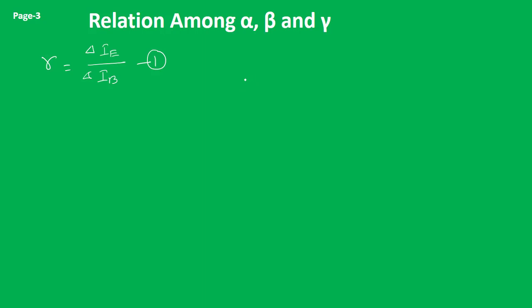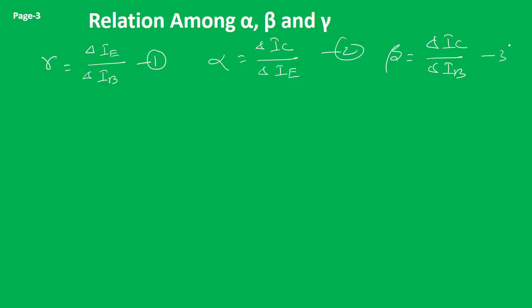Then alpha is given as delta IC divided by delta IE, and beta is given as delta IC by delta IB. So these three relations we already have.